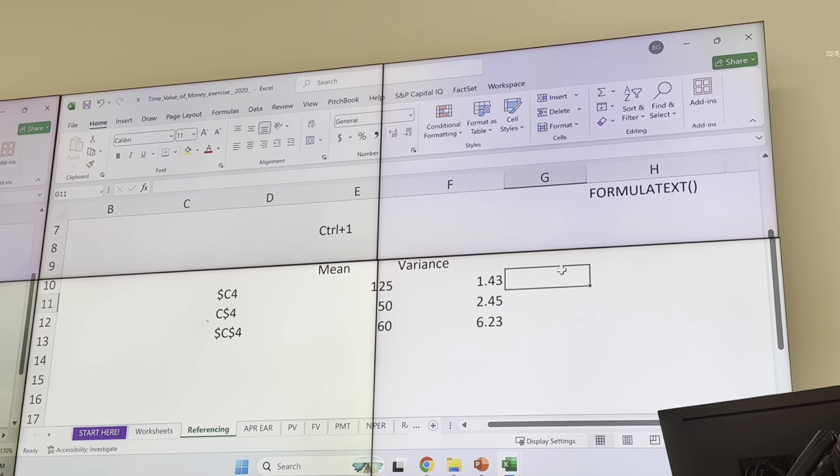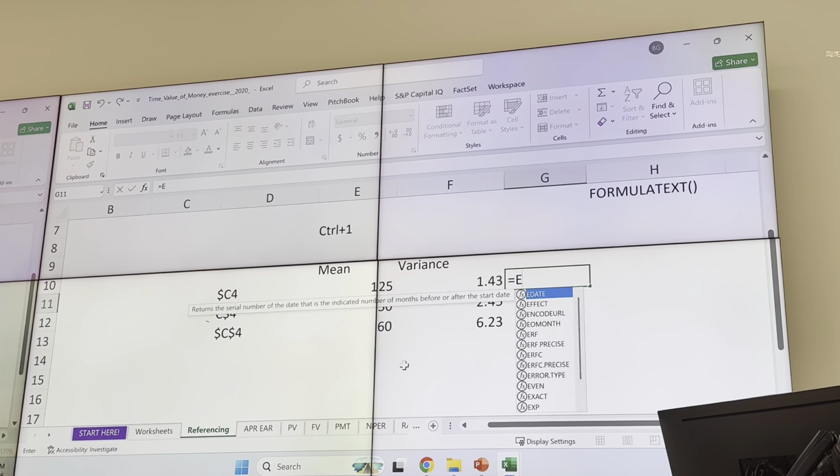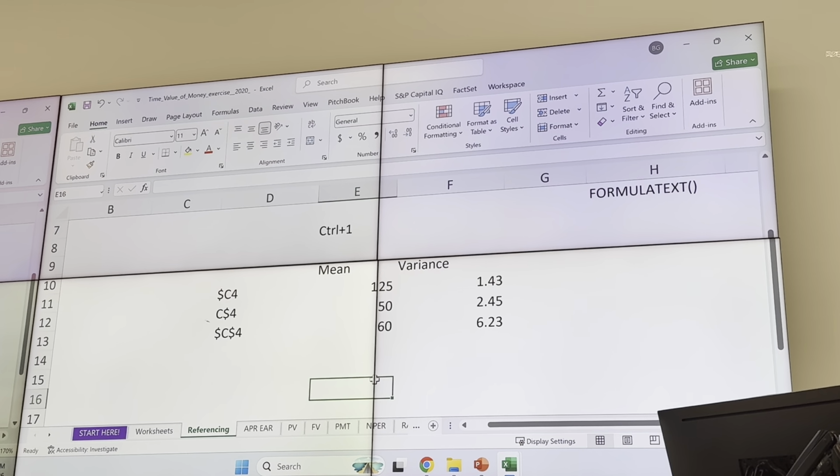Now, I am trying to calculate, suppose, fixing it. For example, I want to fix a particular cell, right? So for example, equals to, I want to calculate the mean of this year. So this is the mean, and suppose the industry average is 25.